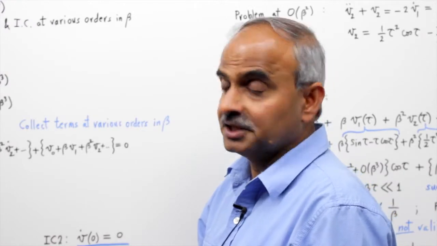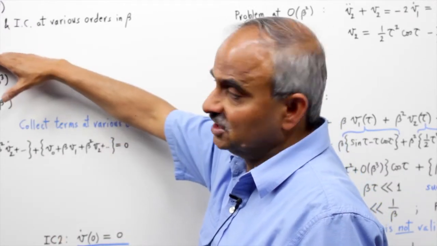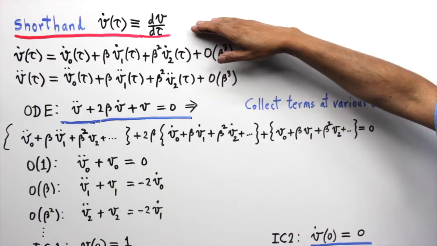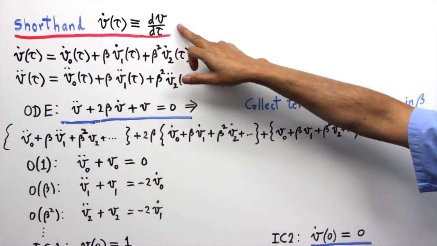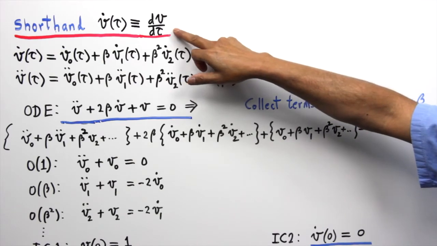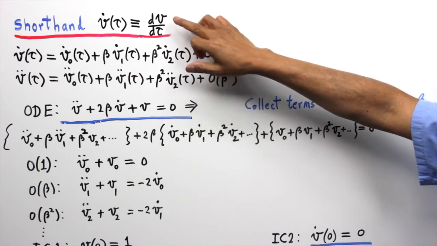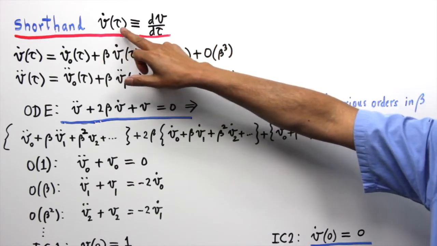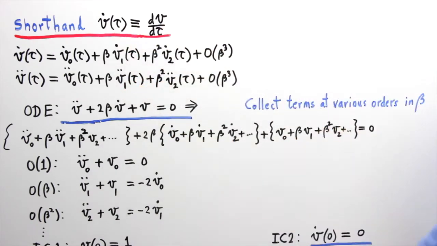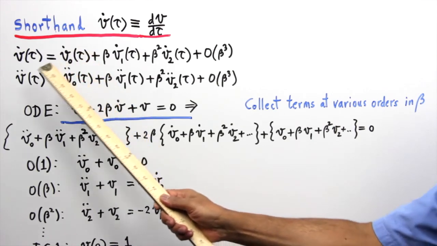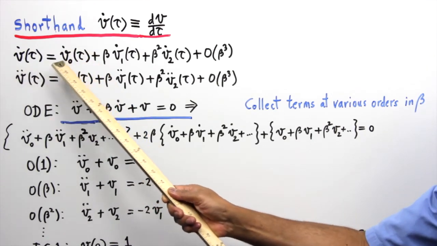So let's apply this idea. And for this, let's use a shorthand. We will put a dot over a function to denote the derivative with respect to tau. So this tau is non-dimensional, and so this is not the same time derivative as we had before. It's the non-dimensional time derivative. So let's not forget that. All right. So we can take the derivative of the expansion.